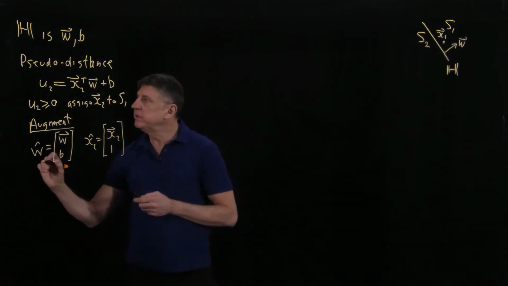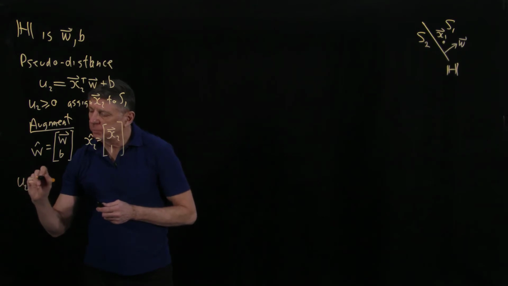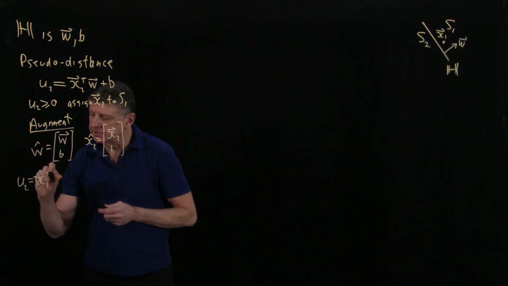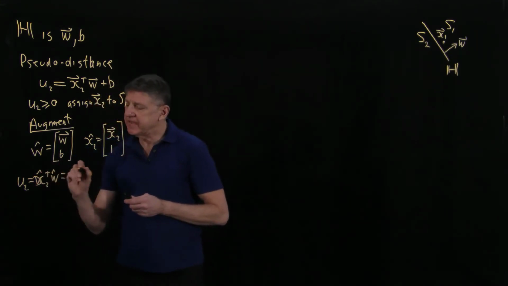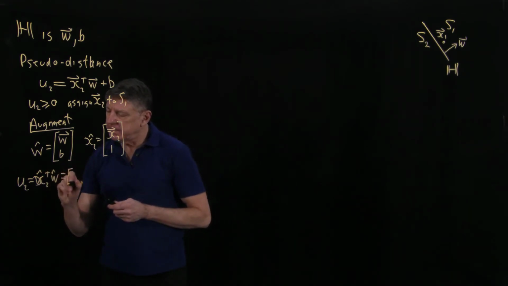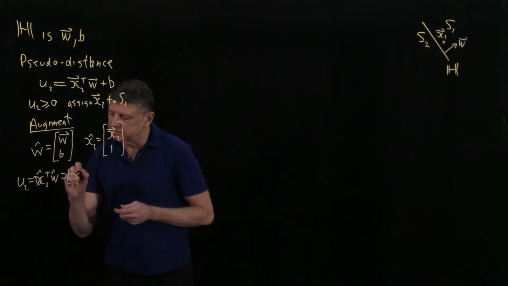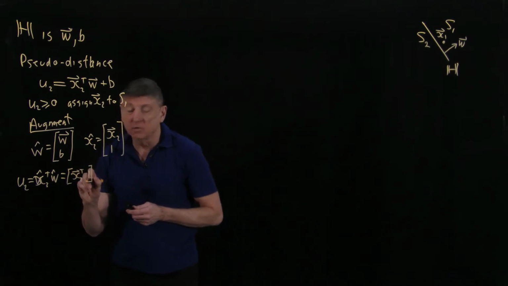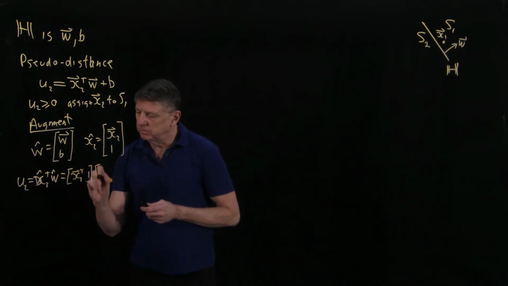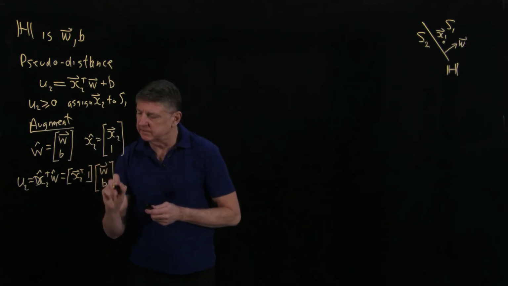Now we can see that ui is x hat i transpose times w hat. That is the same as transposing xi and augmenting it with a 1 on the right side, and then w looks like the w vector augmented with the bias scalar.